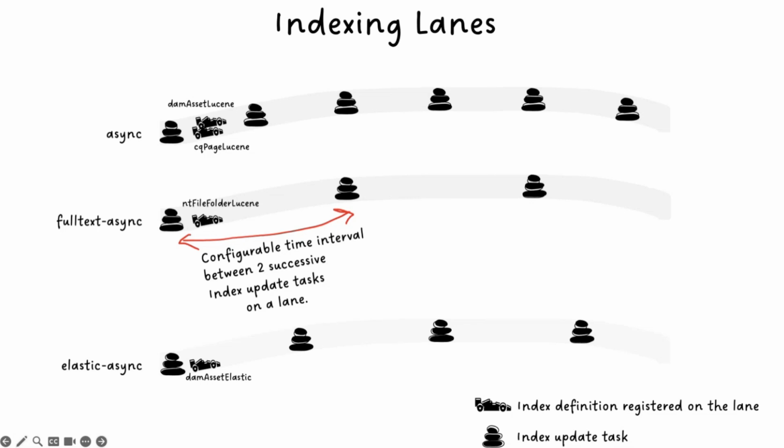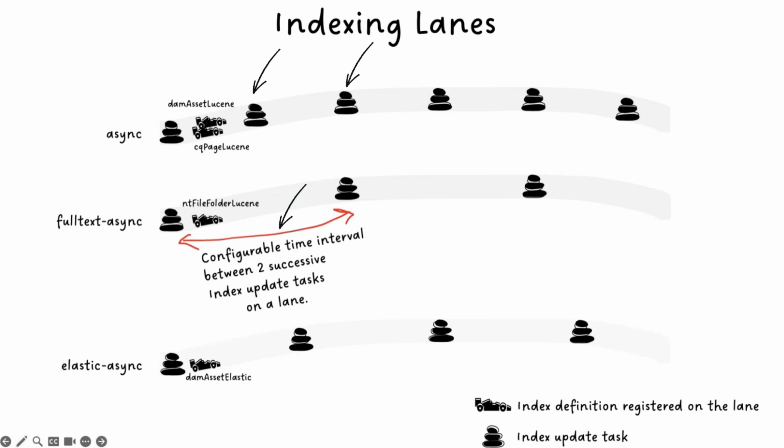To understand this better, consider these lanes as driving lanes with these stones placed at regular gaps. Now, consider these cars as the index definitions that are using these lanes to update their indexes with the latest content changes. The gap between these stones is the time duration after which the async index update process for that lane runs. This can be configured using the async indexer service config.